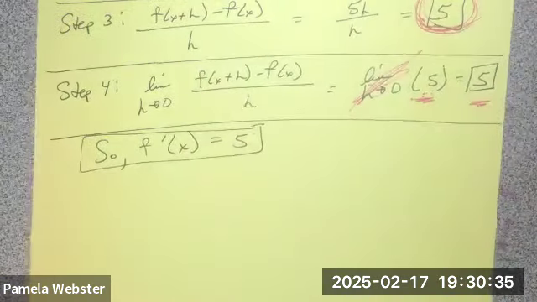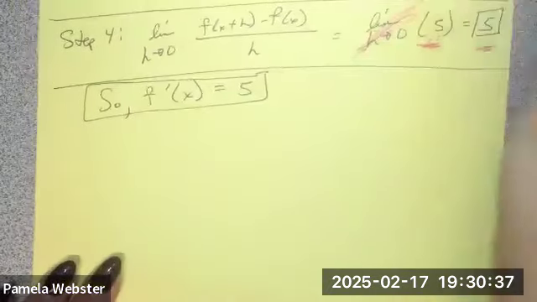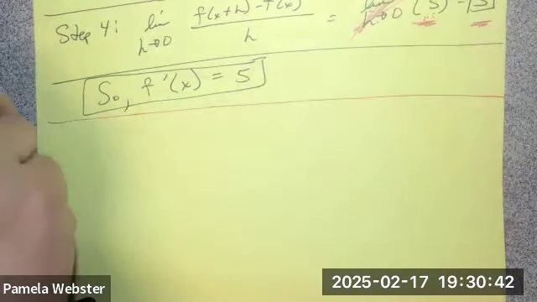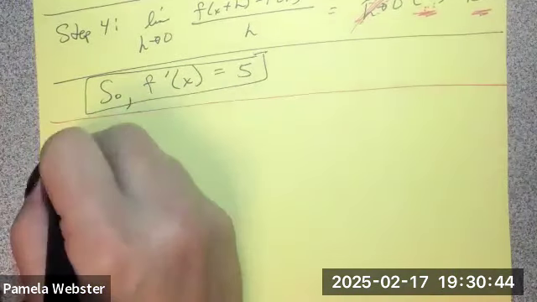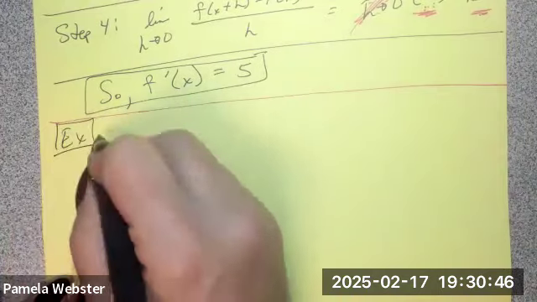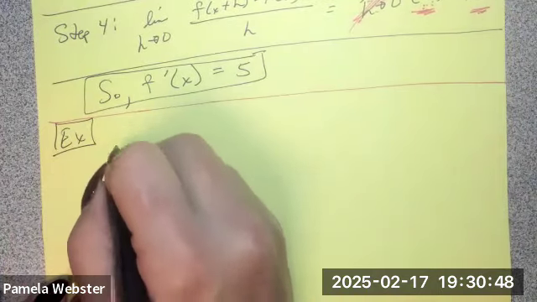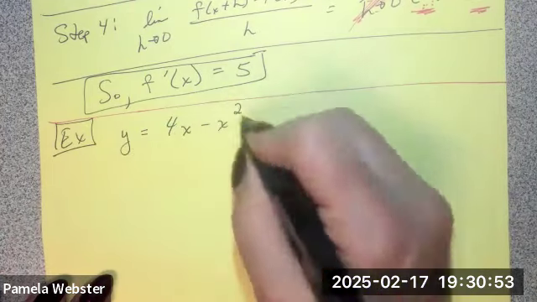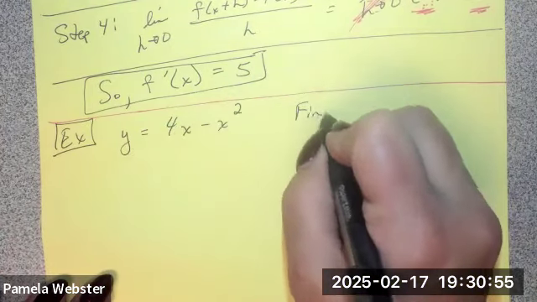Okay, so let's try another one. We're going to make it a little more complicated, so you have to really pay attention as you work through all your steps. Again, I would say pause the video so that you can work through it on your own and make sure that you know how to do it.